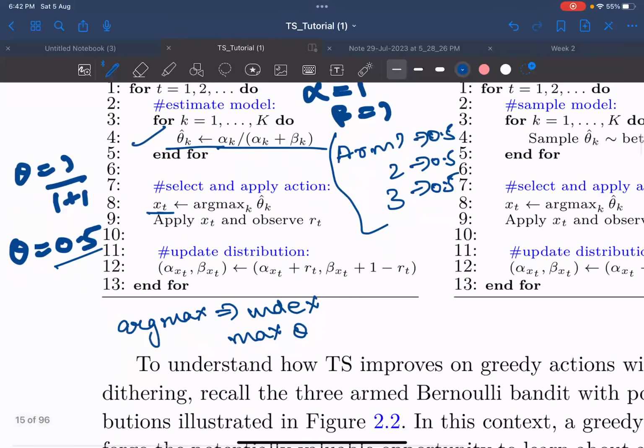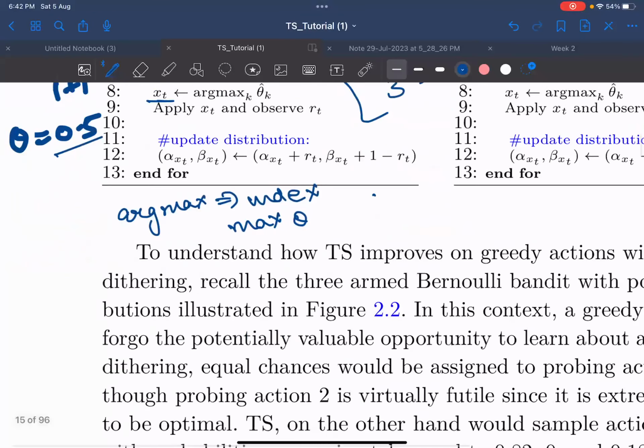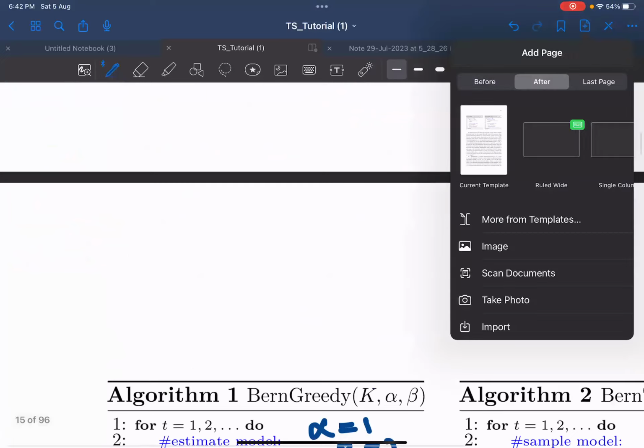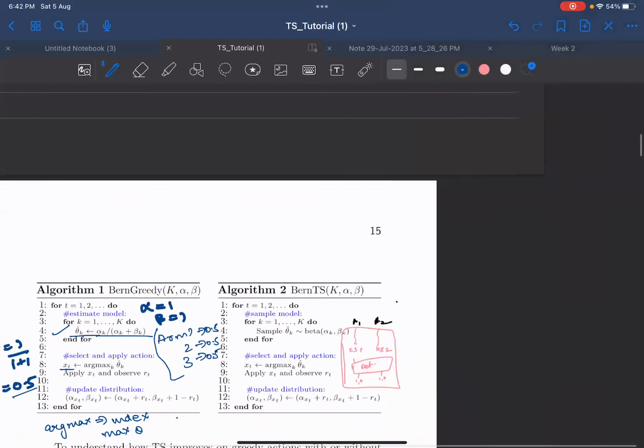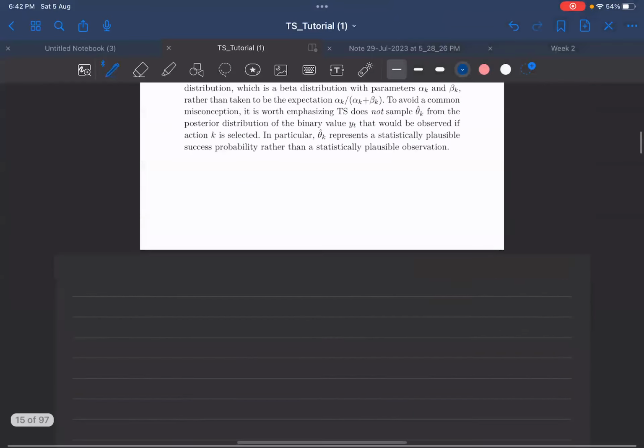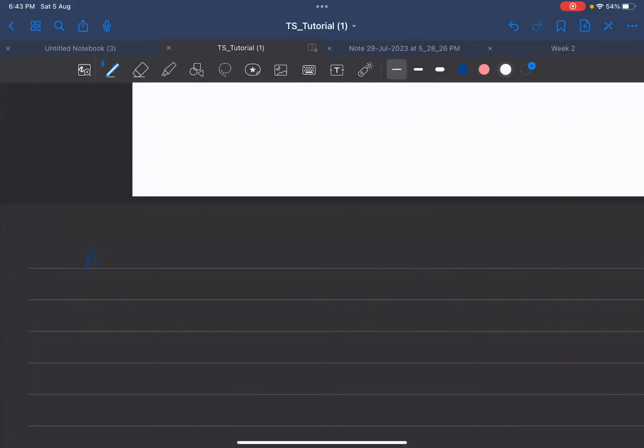Let me take an example and solve this, rather than telling you like this only. Let us say I have arm 1, arm 2, arm 3.